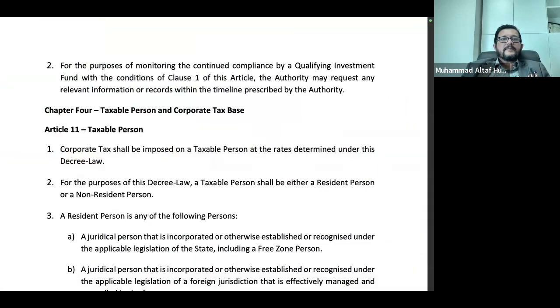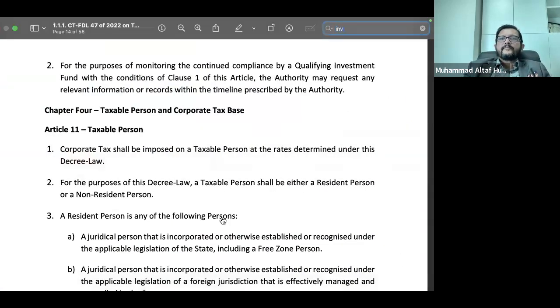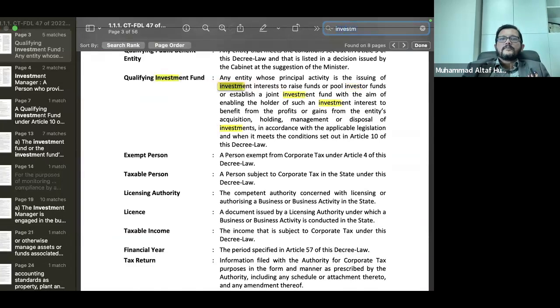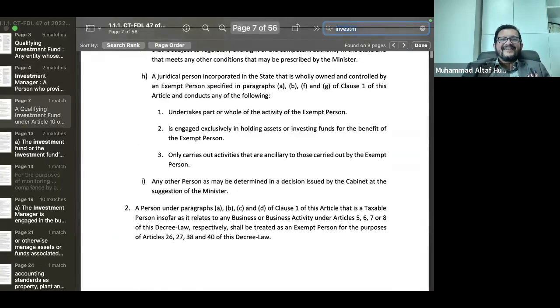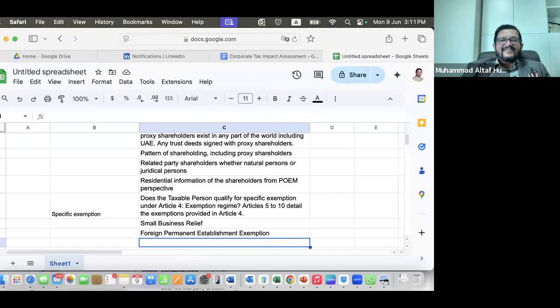What is the investment managers exemption? Article 15, right? I remember the entire corporate tax law, don't worry. So the investment managers exemption is Article 15.